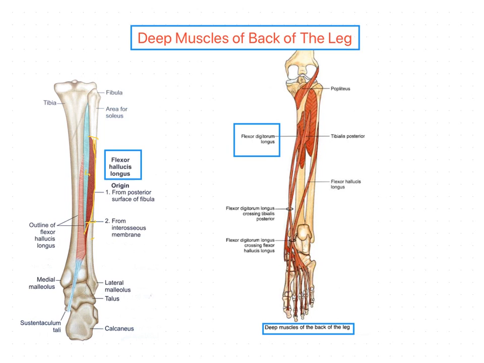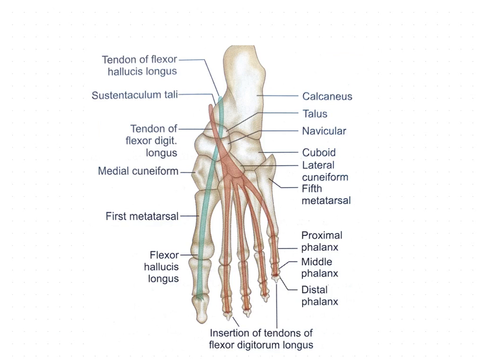Now we will see the insertion. The tendon of flexor hallucis longus passes under the flexor retinaculum on the medial side of the leg, to enter the second layer of the sole of the foot. Here you can see the insertion very clearly.